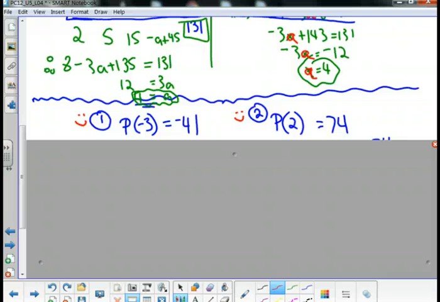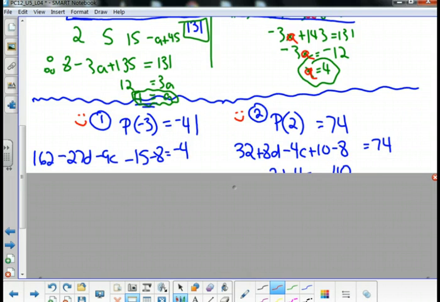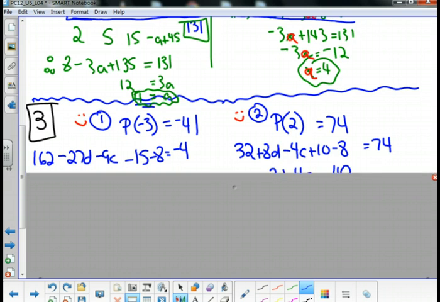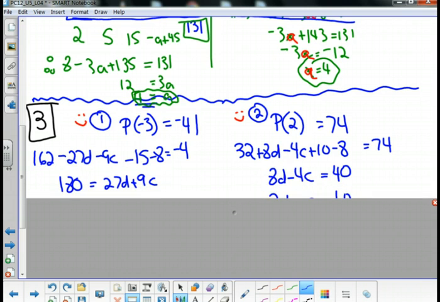You have two things you're looking for. You have D and C you're trying to find. Well, use these two rules to see what happens. And you have to be good with exponents and so on. When you plug in -3, you get an equation that looks like that: 162 minus 27D minus 9C minus 15 minus 8.